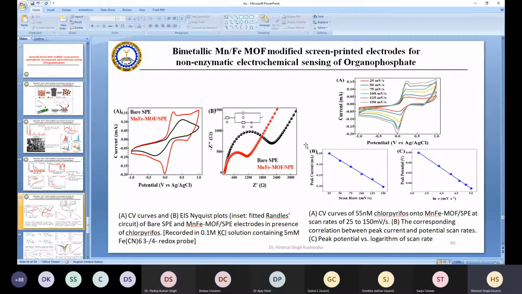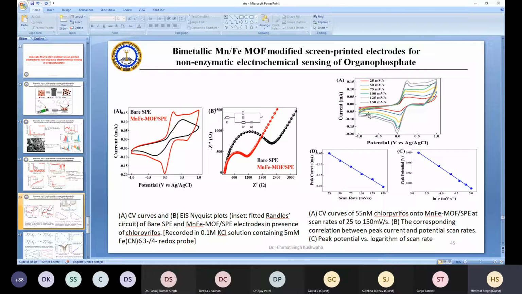Electrochemical impedance spectroscopy was performed to analyze the change in charge transfer resistance, and the Rct decreased significantly after modification. This shows the developed material can be used for sensing applications, as it has low resistance and high current response.